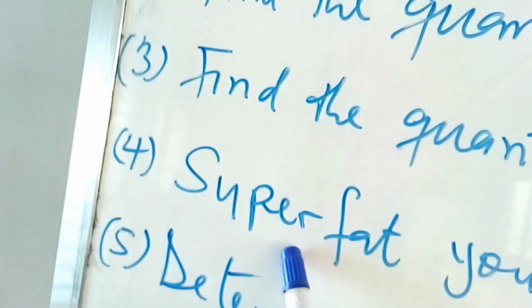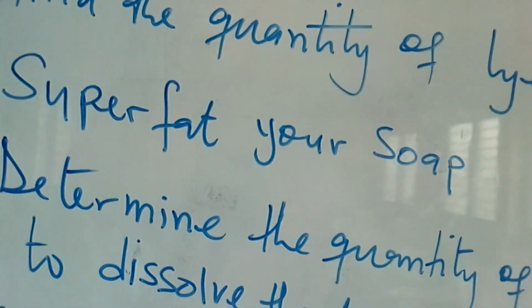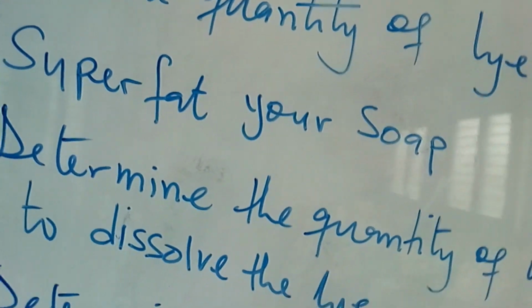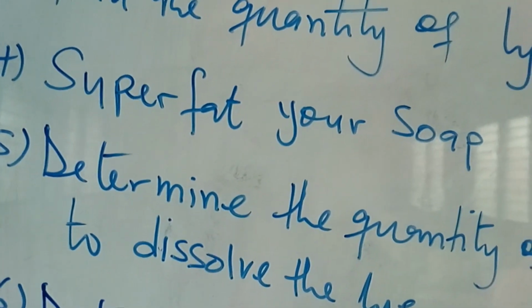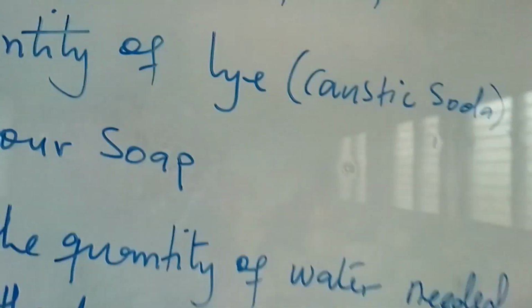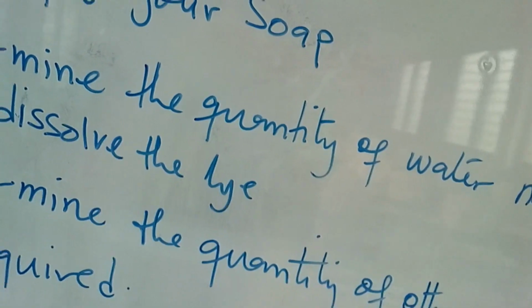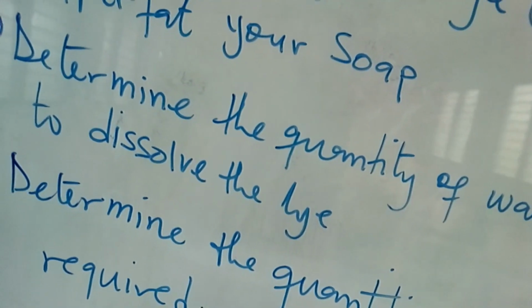Then step four, we also have to know how we can superfat our soap. To superfat means we have to add some small amount of oil to the original quantity of oil that we need, so that the soap, when you use it on your skin, will not be too dry.